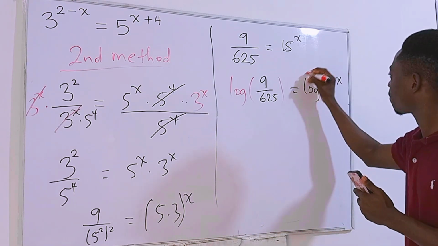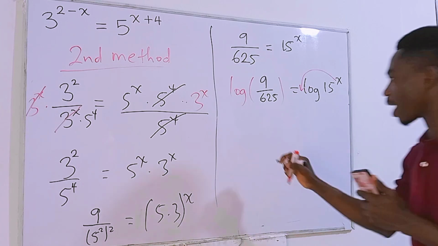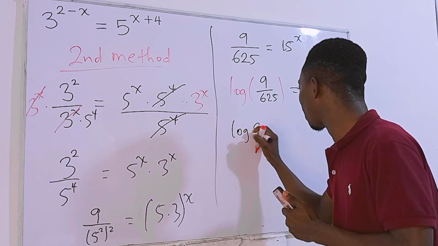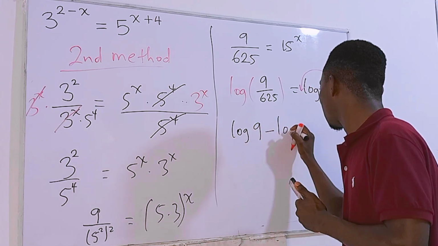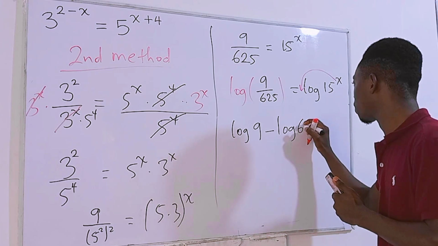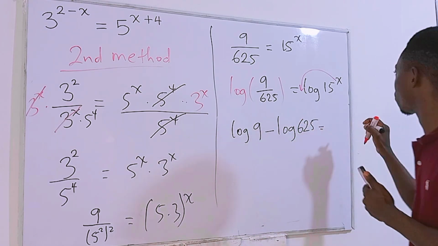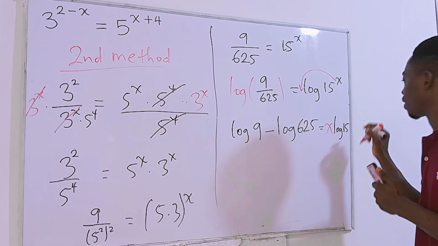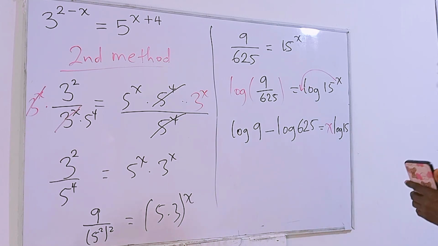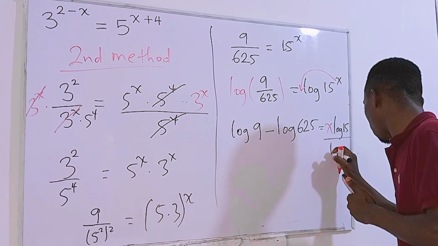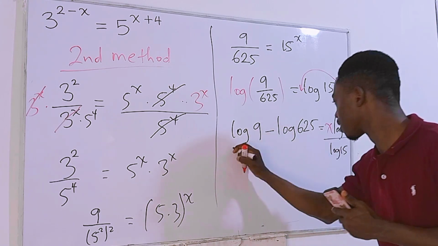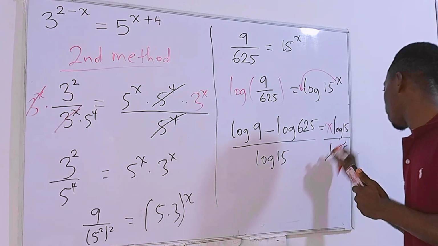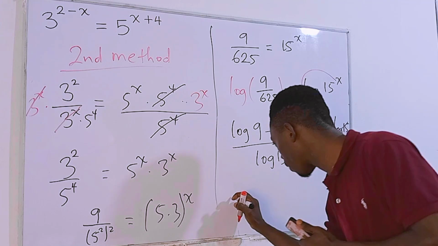And clearly, we can move this to the front, so that we have log 9 minus log 625, and this is equal to x log 15. Pretty interesting. We are looking for x, so we can divide this side by log 15. As simple as that.